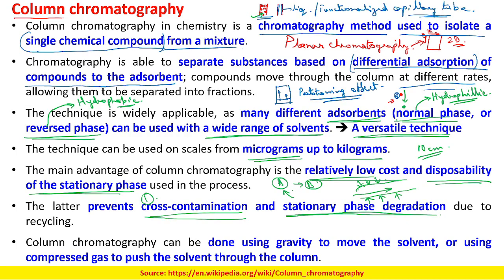Now if you continuously run some mobile phase, it will corrode these stationary phases, and the degradation of the stationary phase happens.